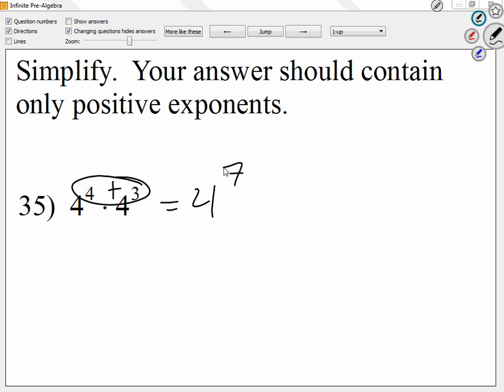If I wanted you guys to multiply it all the way through, then I will say solve or evaluate. That's the other word we use. But simplify, just simplify. And then it says your answer should contain only positive exponents. So for example, let's say instead of being positive 7, this was a negative 7.